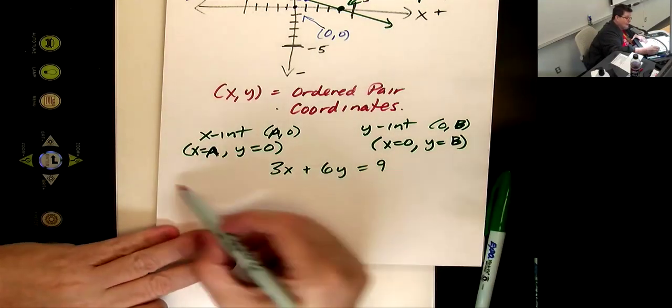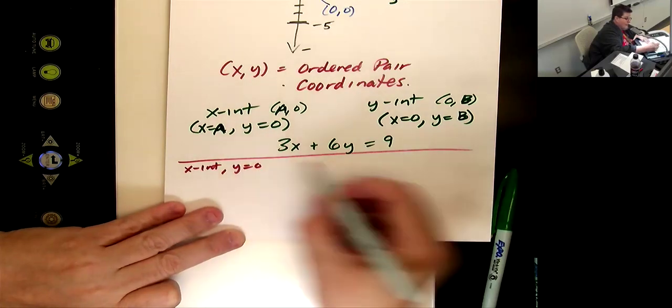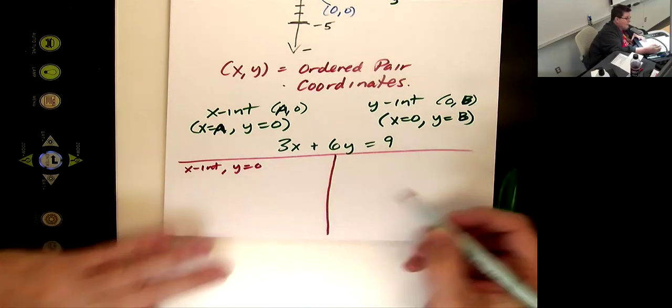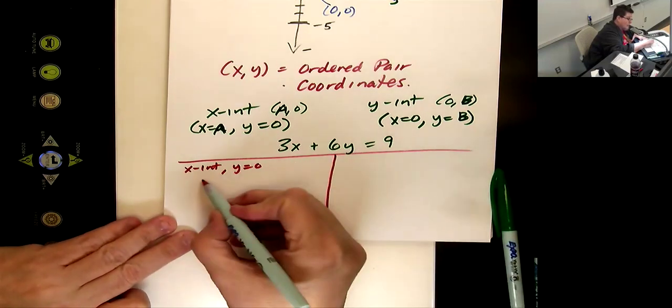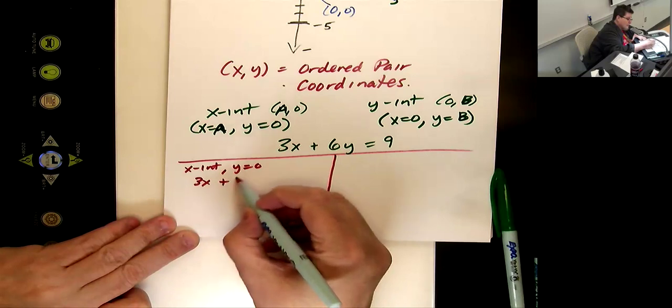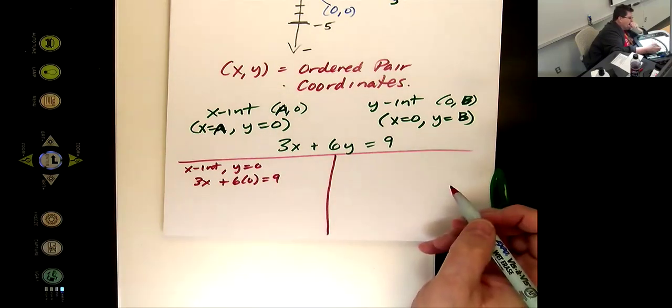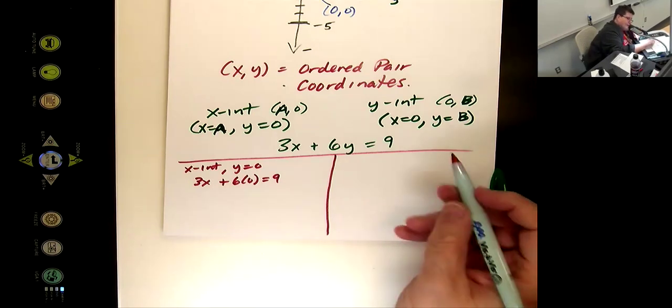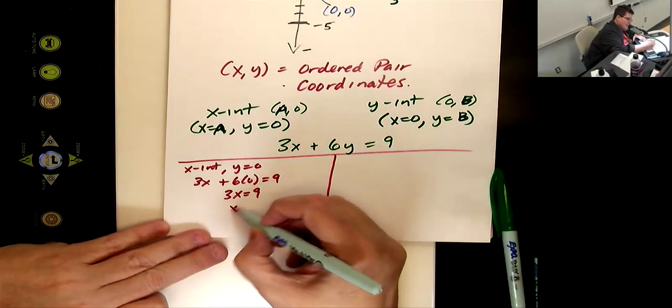So for the x-intercept, y equals 0. That's true for any x-intercept. So I will plug in y equals 0 here. I get 3x plus 6 times 0 equals 9. So 3x equals 9, and x equals 3.